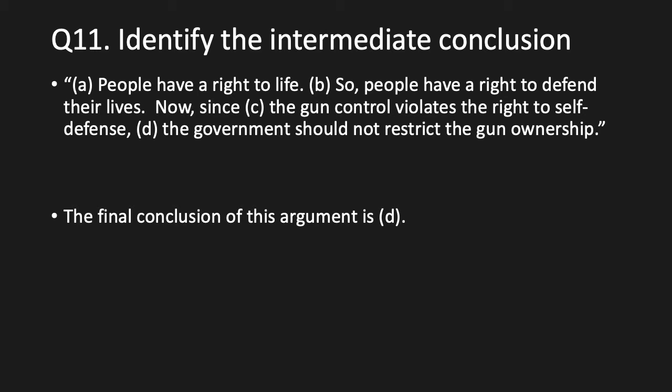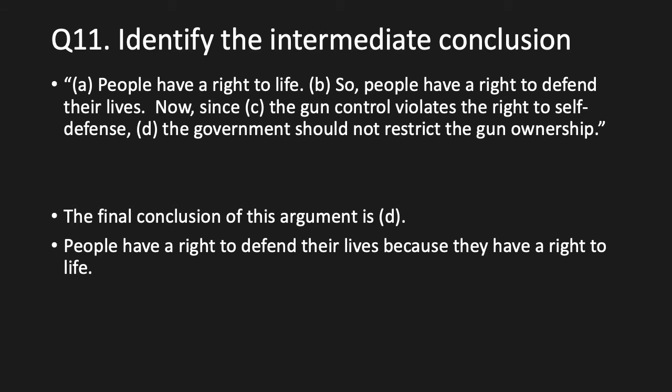Now, take a look at B there. People have a right to defend their lives. Why? The author is saying that's because people have a right to life. So people have a right to defend their lives because they have a right to life. That's what the author is saying.